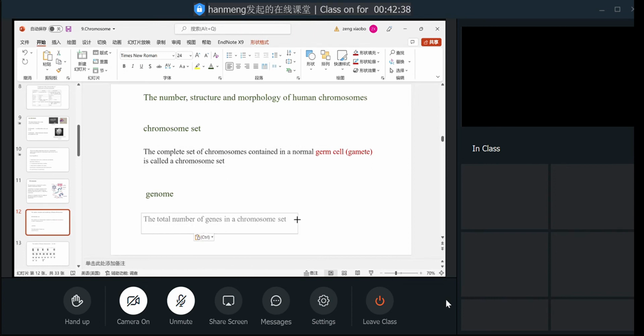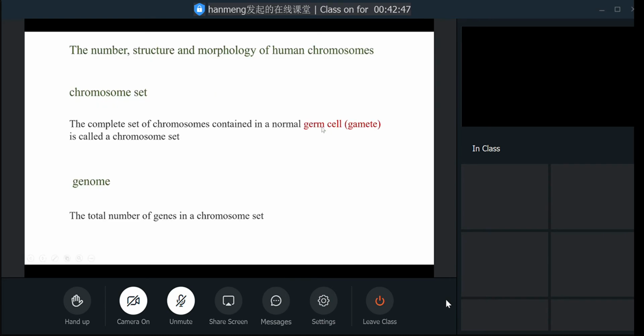Sorry, I made a mistake. Here, the complete set of chromosomes contained in a normal germ cell is called a chromosome set. Then the total number of genes in a chromosome set is named the genome.